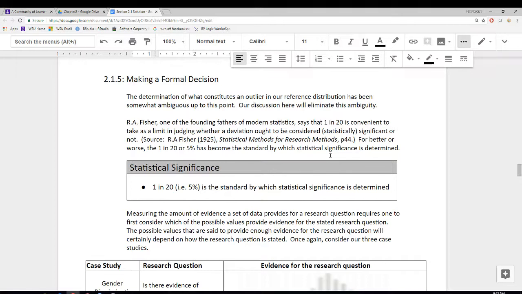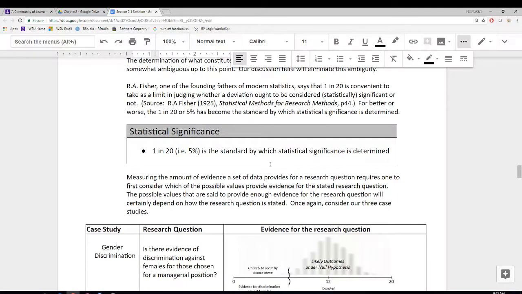He made a statement that 1 in 20 was convenient to use as a limit in judging whether or not an outcome was statistically unusual. This statement was made clear back in 1925.